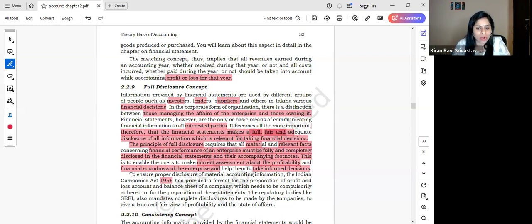And regulatory bodies like SEBI, the Securities Exchange Board of India, where companies list their shares, also mandate complete disclosures to give a true and fair view of profitability and state of affairs. What happens if the company does not give a true and fair view?